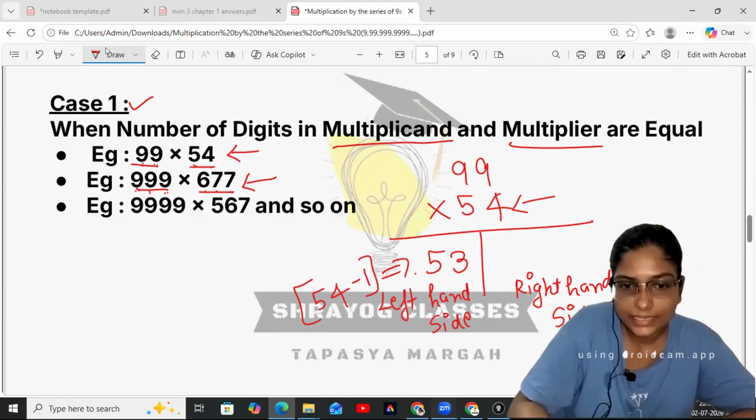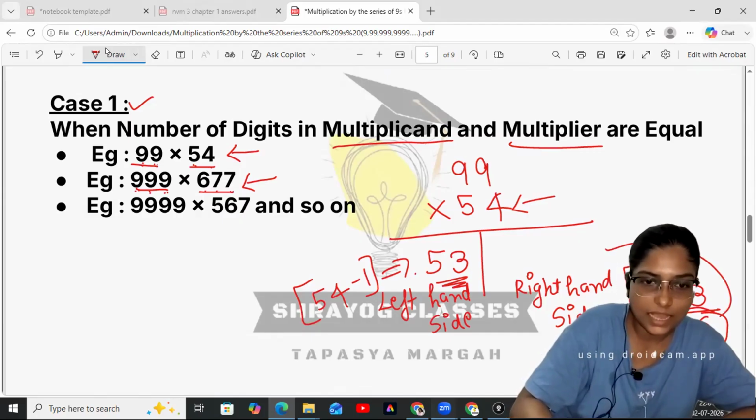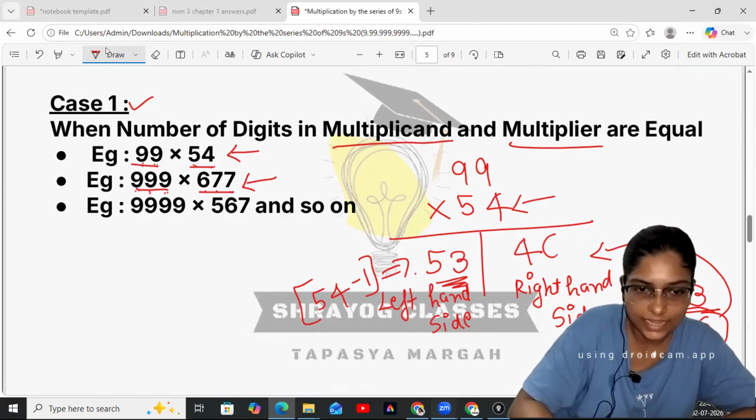Now, in the right hand side, I will do the multiplicand minus the answer that I got in the left hand side, which is 53. So, if I subtract, I will get 46, and this 46 I will write as the right hand side answer.